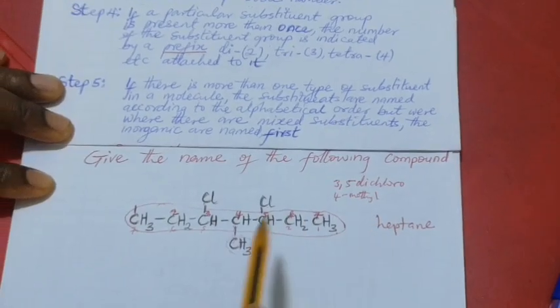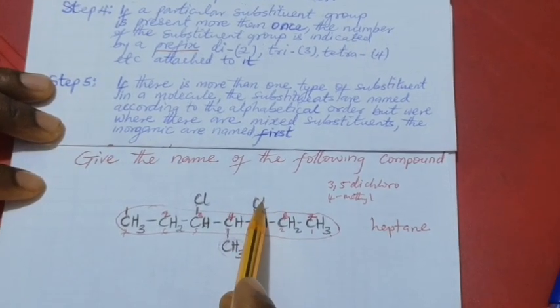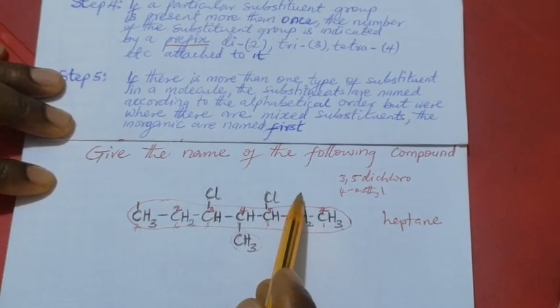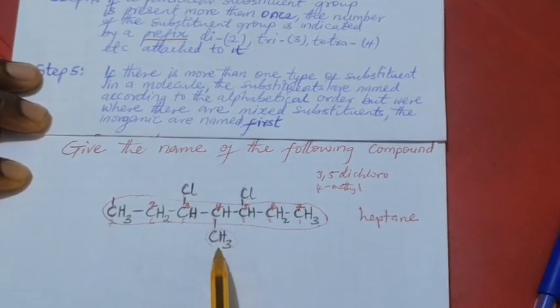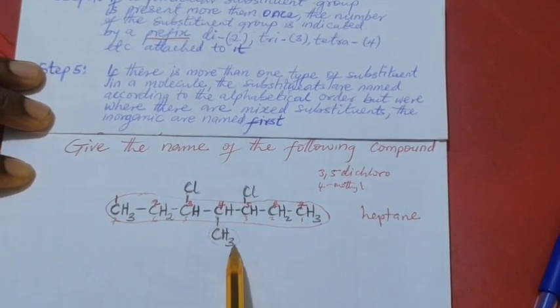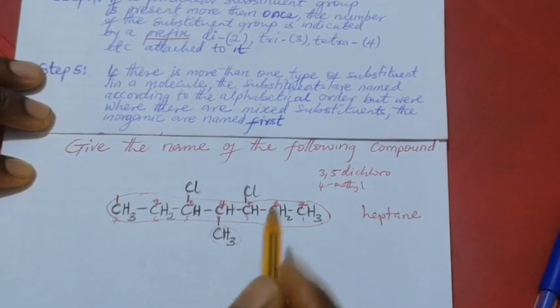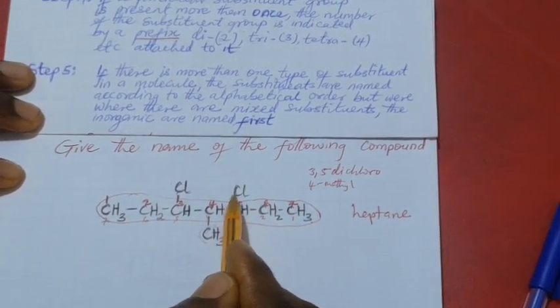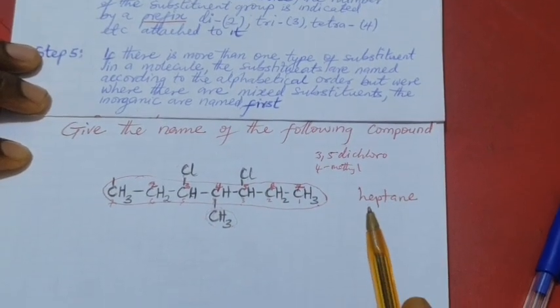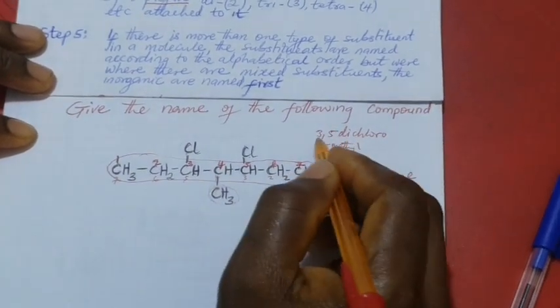Okay, so here we have chlorine, and chlorine is an inorganic substituent. And we have methyl. Methyl is an organic substituent. So that means that we are going to name chlorine first because it's an inorganic substituent.